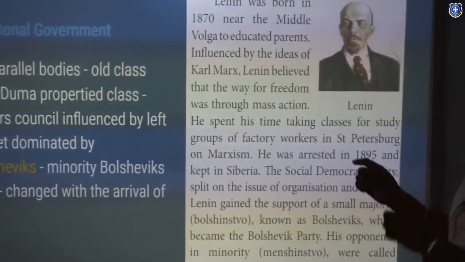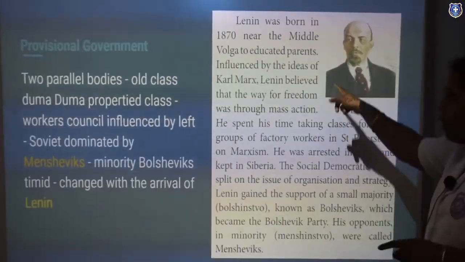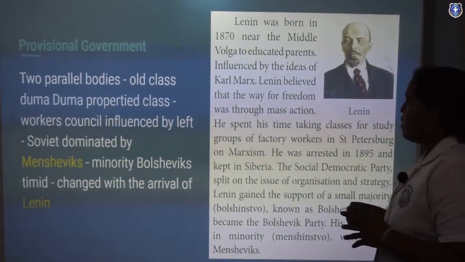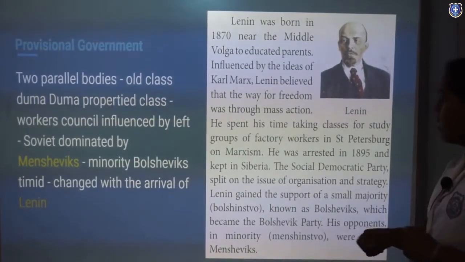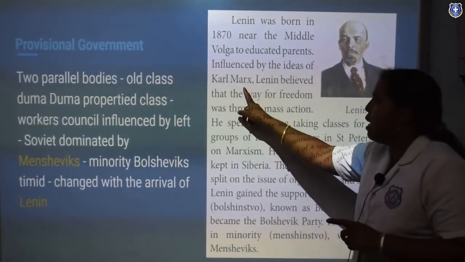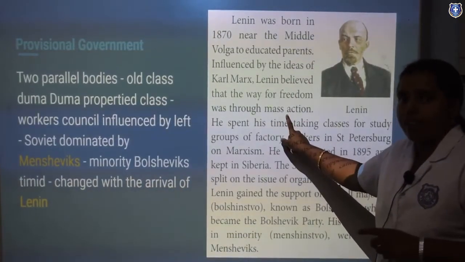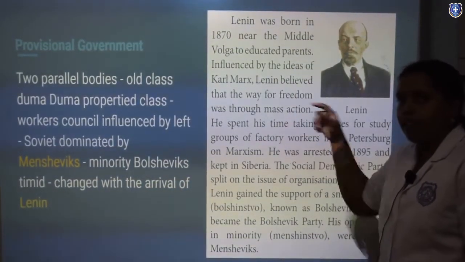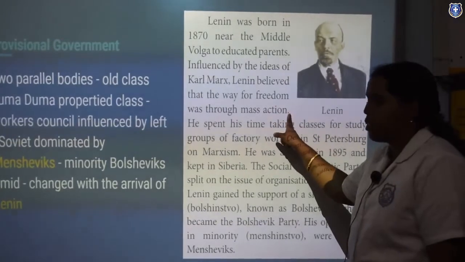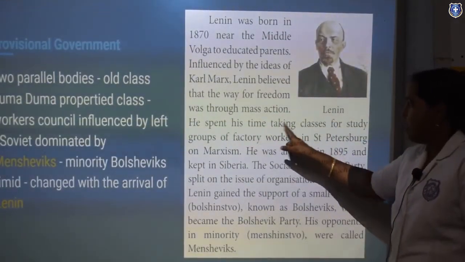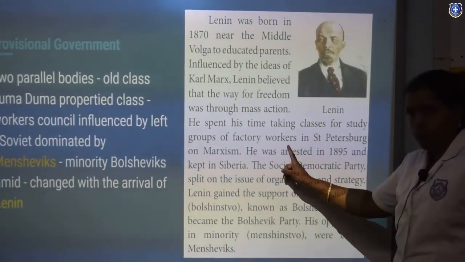You can see a small brief biography about Lenin. Lenin was born in 1870 near the Middle Volga to educated parents, influenced by the ideas of Karl Marx. Lenin believed that the way for freedom was through mass action. In previous slides we saw that Lenin had a great interest in mass action to achieve his goal. So Lenin spent his time taking classes for study groups of factory workers.